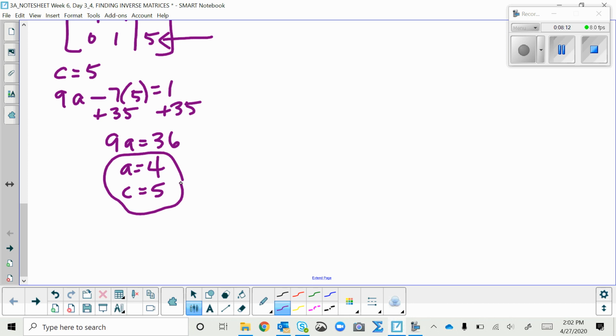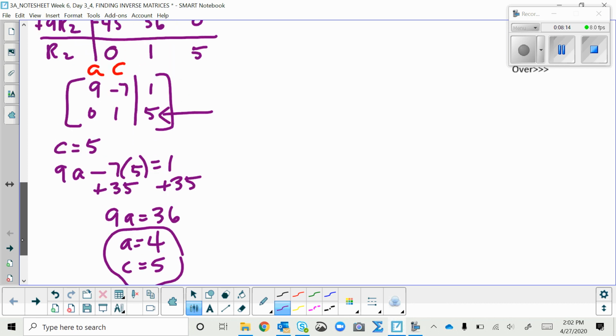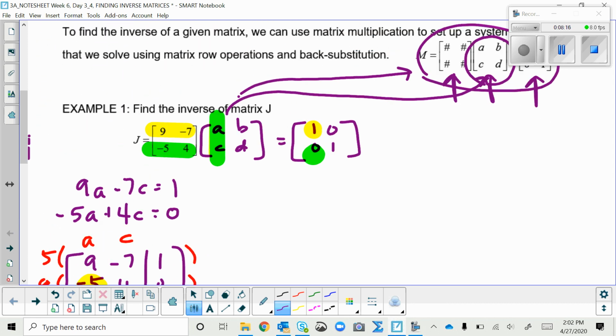What else do I need to know? I need to know B and D. So I'm going to do all this again, but for the second column in the matrix. So now we move to BD right here.